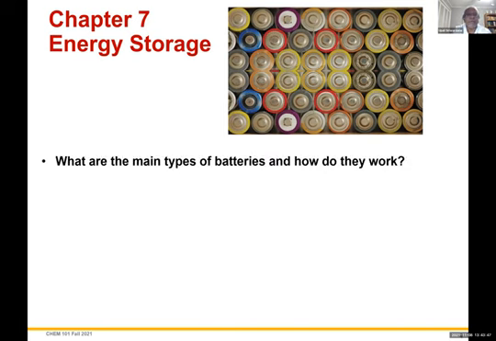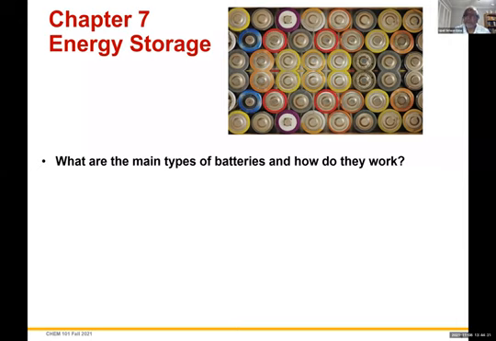So what are the main types of batteries and how do they work? The main types of batteries are nickel cadmium batteries, alkaline batteries, nickel hydride batteries used in hybrid vehicles, lithium ion batteries, and lithium polymer batteries.